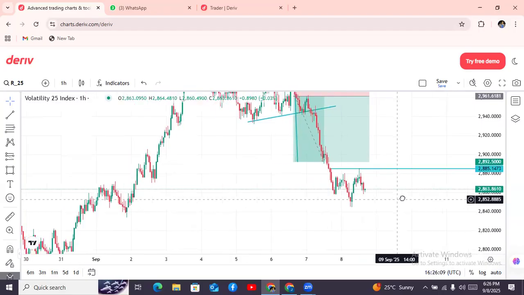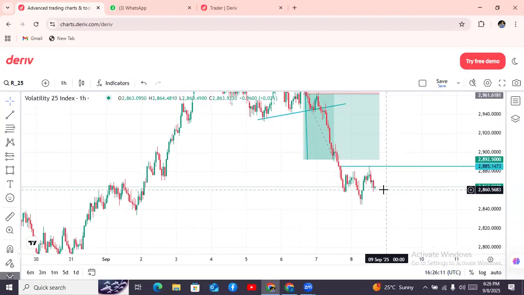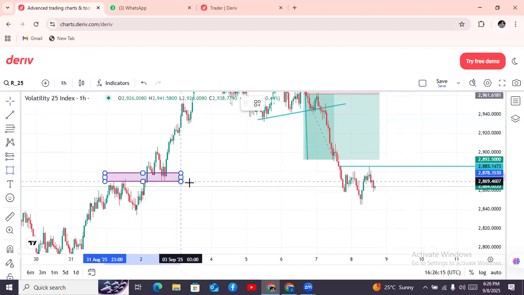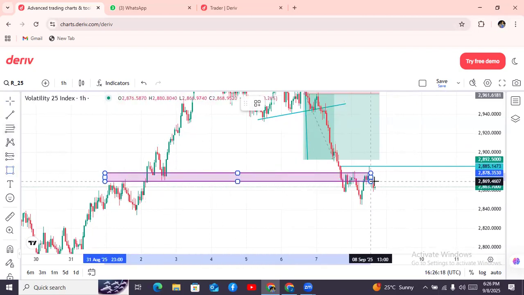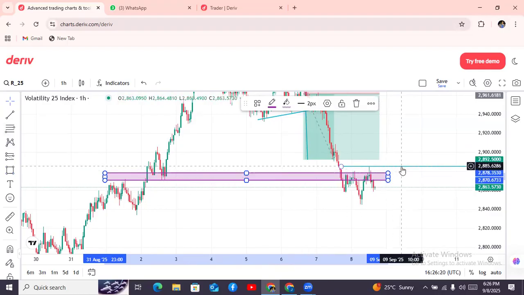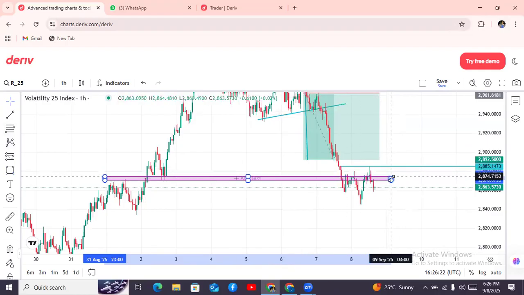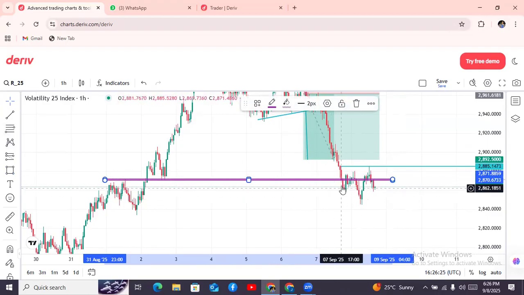So one thing that would have given us a clue is this level. We see the market is at that level. It broke through that level here, retested that level there. So that is why the market went down.